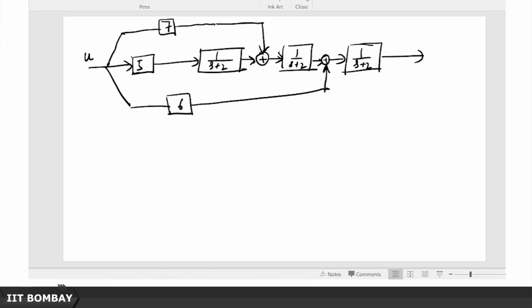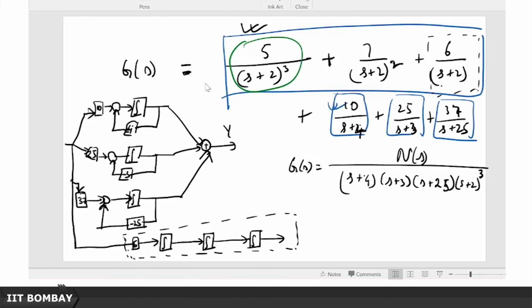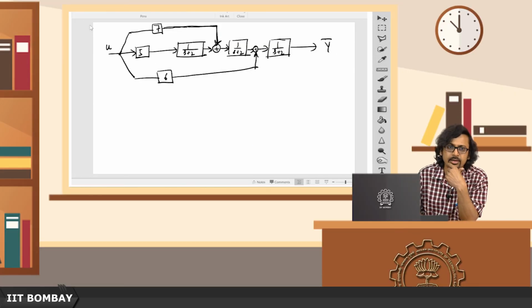So you are convinced, right, that this is a good enough realization of at least y bar, where y bar is going to be 5 by (s plus 2) cubed plus 7 by (s plus 2) squared plus 6 by (s plus 2), whole of this times u. The entire y also contains responses due to these remaining 3 which are perfectly diagonalizable, but this at least can be realized in this fashion.